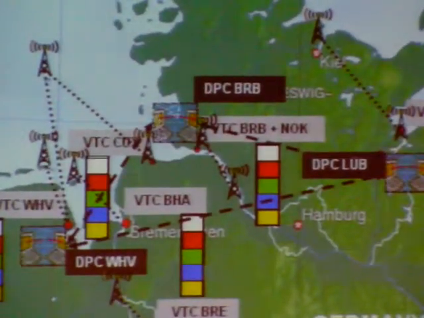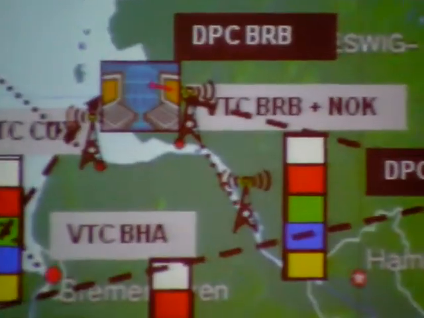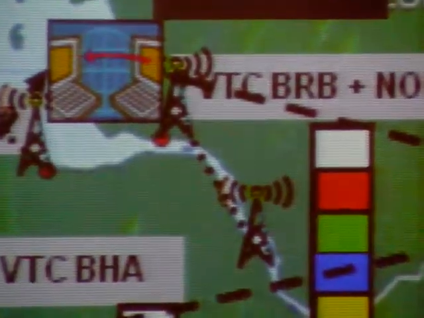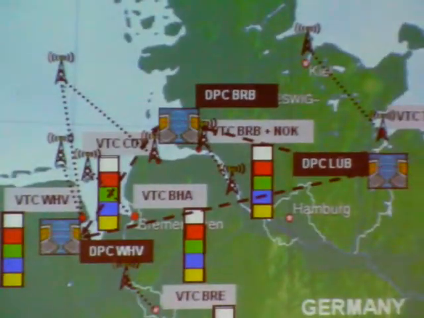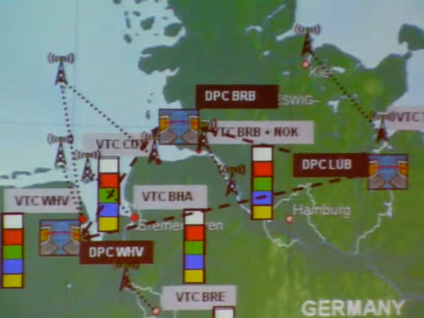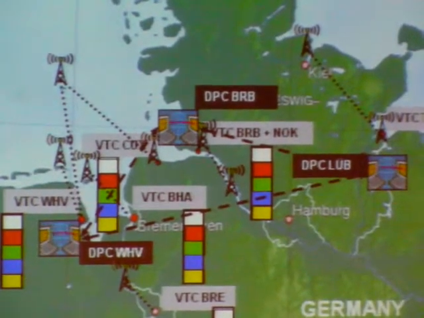We want 3 nodes, 3 data processing centers to put all our electronic equipment which can be concentrated. We need to build up a net between these 3 centers to have some redundancy.